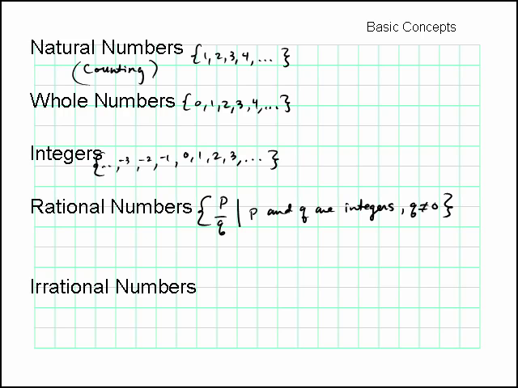So you take any two integers, provided Q is not 0, and you write them as a fraction, and you have what's called a rational number. So, for example, -2 over 3 is a rational number because it is the integer -2 over the integer 3. The number 7, even though it doesn't look like it, is also a rational number because you can write it as 7 over 1.